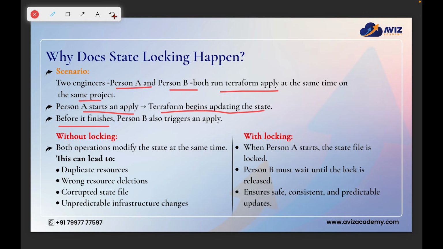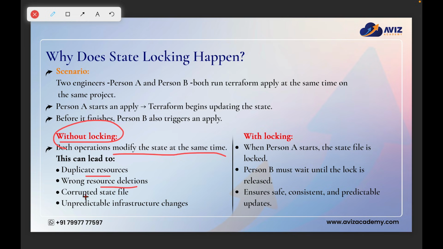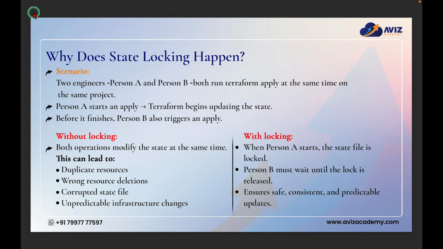So which one is going to take effect? Without locking, both operations modify the state file at the same time. This may lead to duplicate resources, wrong resource deletion, a corrupted state file, or unpredictable infrastructure changes. Resources may be created, resources may be terminated. It's unpredictable.